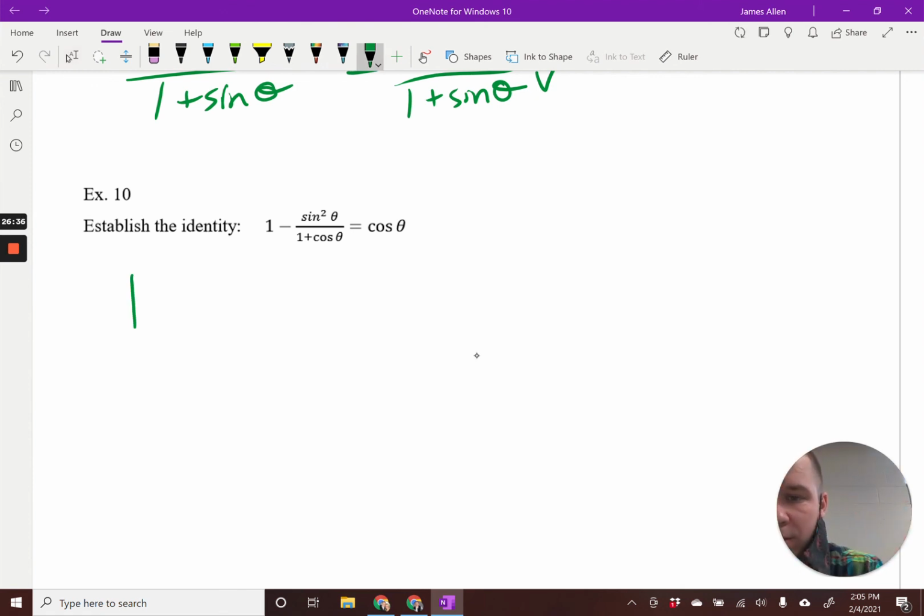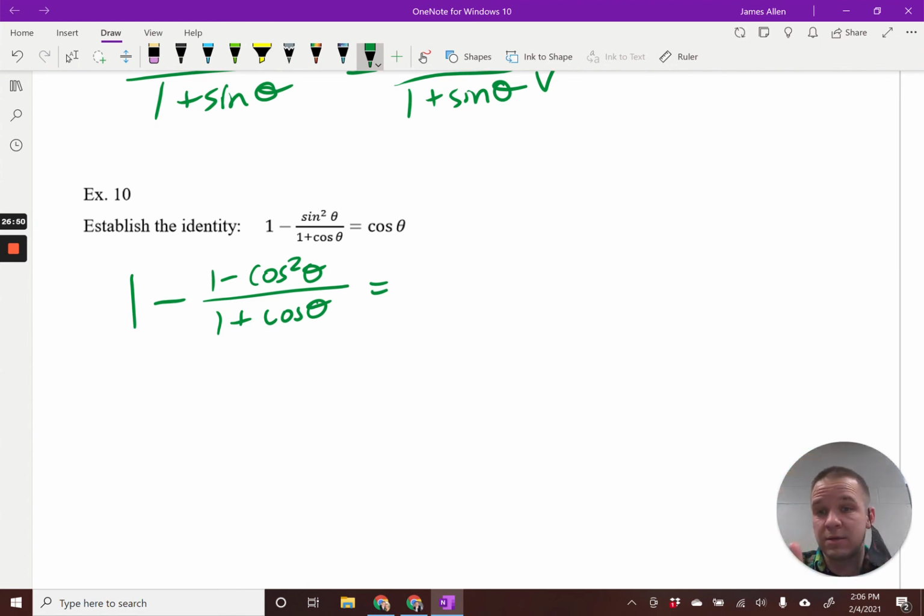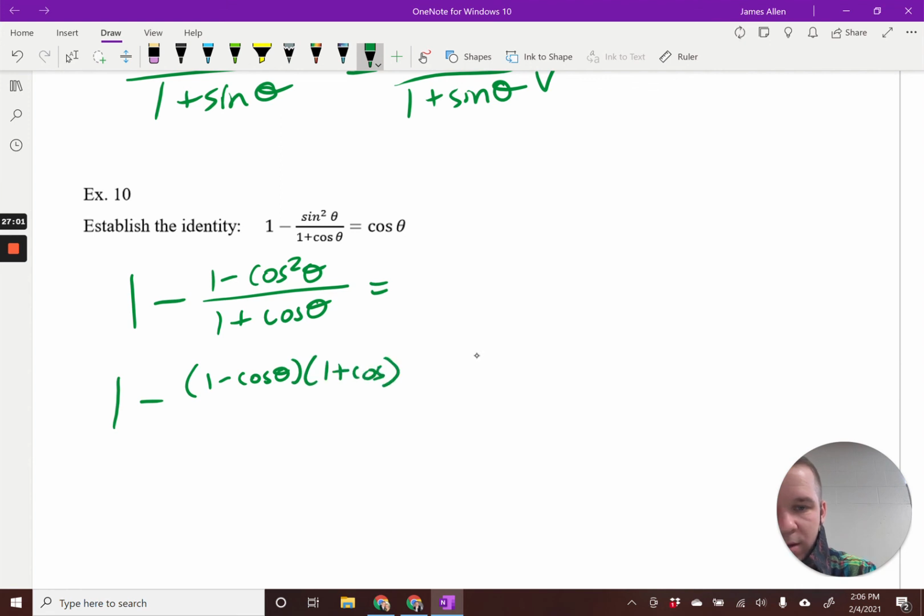So I would have 1 minus, and then 1 minus cosine squared theta over 1 plus cosine theta. Okay, well, I can't do any cancellations yet, but that's a difference of squares. I can factor that. So 1 minus, and then in my numerator, it'd be 1 minus cosine of theta and 1 plus cosine of theta.